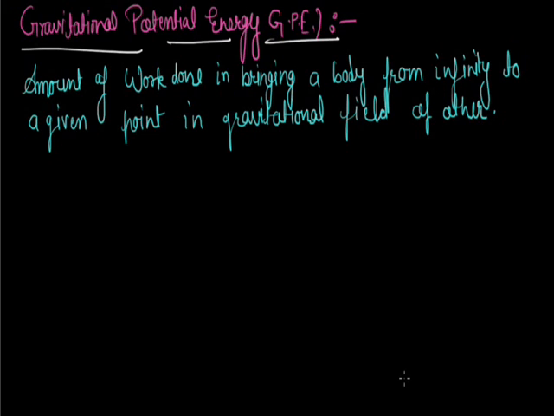So it is the amount of work done in bringing a body from infinity to a given point in the gravitational field of the other. Now let us derive the expression for gravitational potential energy.